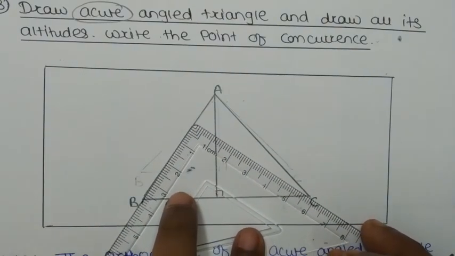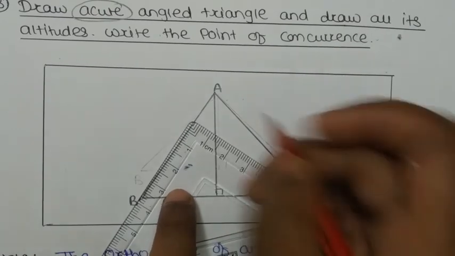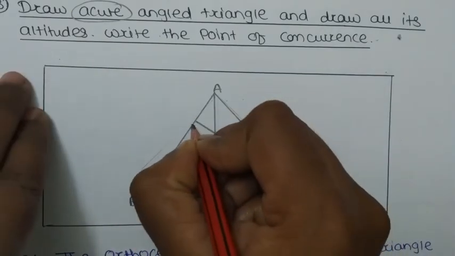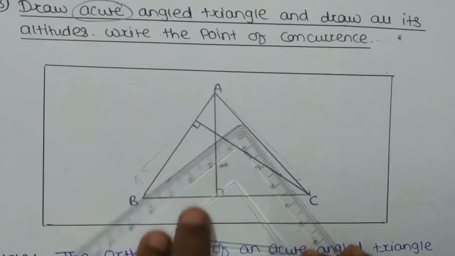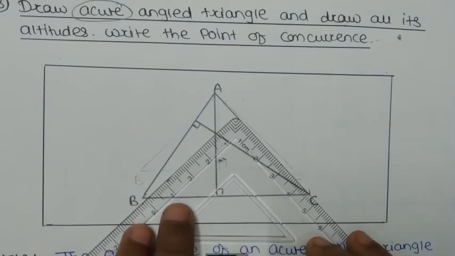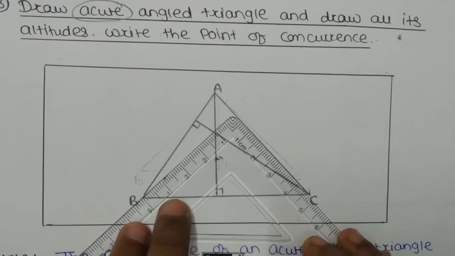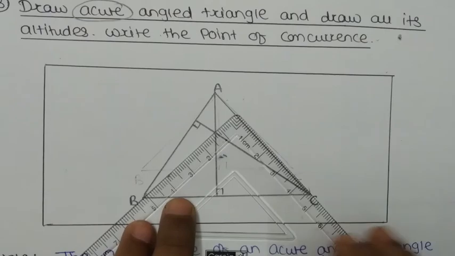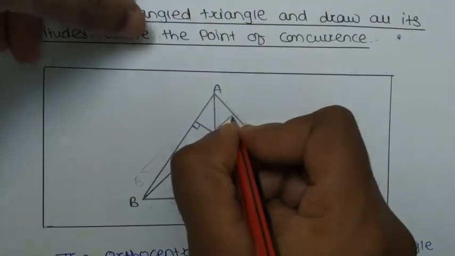So put the set square like this and draw the altitude. And for vertex B, the opposite side of vertex B is AC, sorry, and put the set square like this one and draw the altitude.